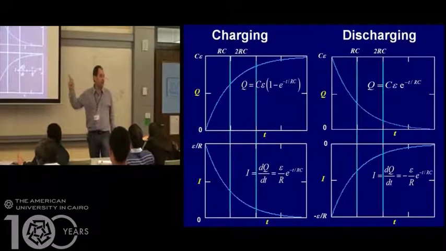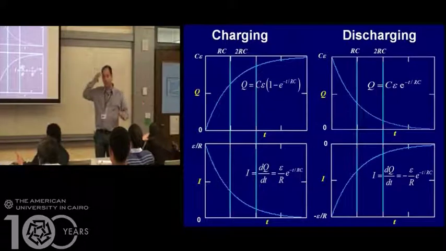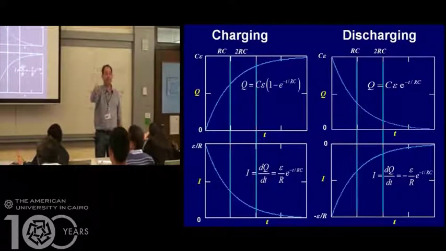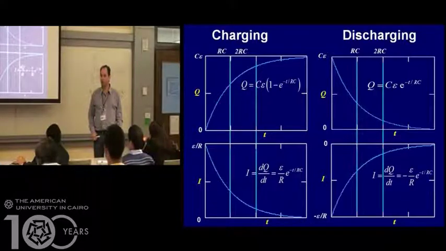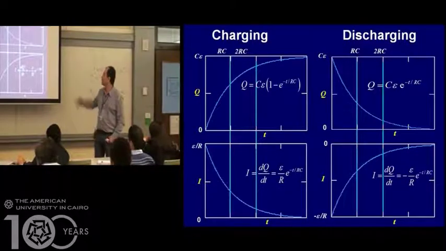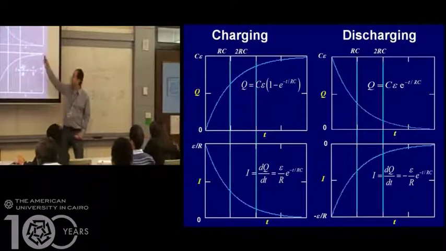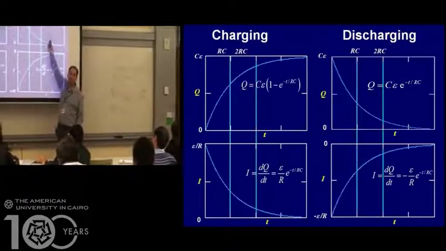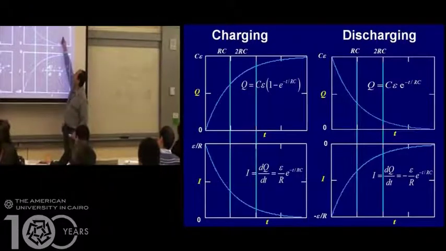But let me tell you before you leave how we can differentiate between those 4 equations. If you understand what happens when we are charging and discharging, you can examine the extreme cases in any equation. So if I don't know if this is a charging or discharging equation, I put time equal to 0.